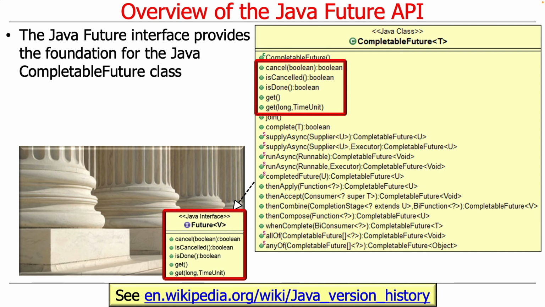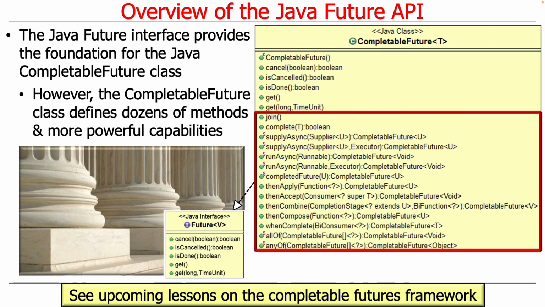The Java Future interface provides the foundation for Java's CompletableFuture class, and it does that by having the interface implemented by CompletableFuture. So you can see some of the methods that are in CompletableFuture, and a bunch of them, as we'll talk about shortly, happen to be the same ones that come from the Java interface, and that's because it implements the Java Future interface.